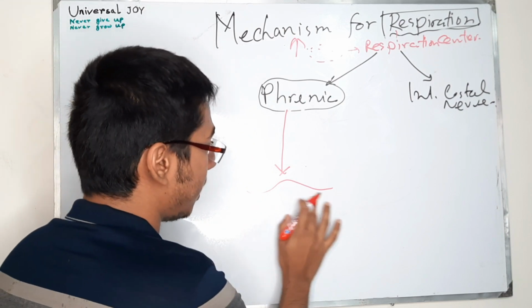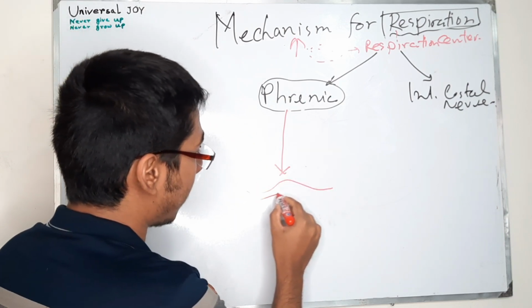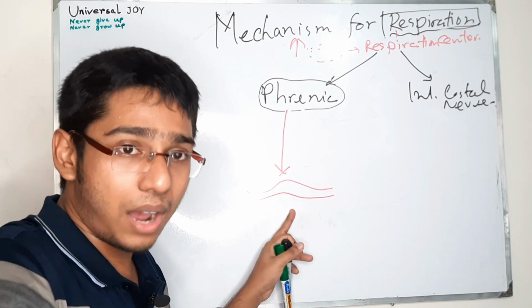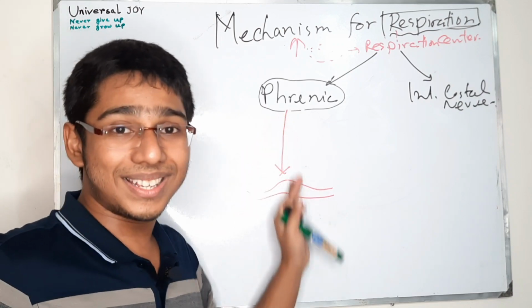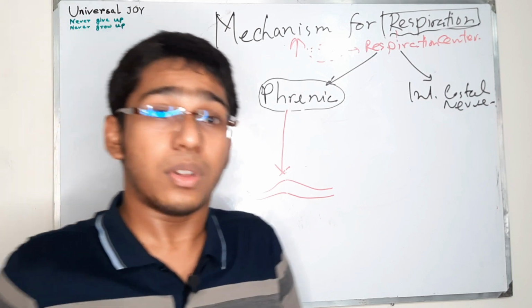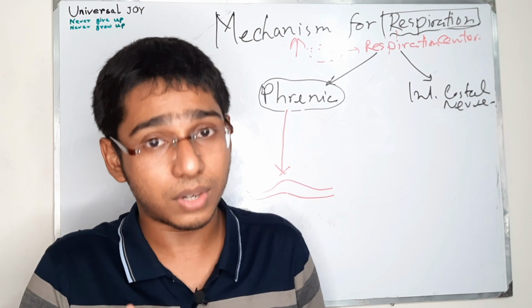If it was originally in this shape, then after the signal it will be pulled downward, and as it descends, the thoracic cavity's vertical diameter will be increased. Now if the diameter is increased, then volume is increased, of course.